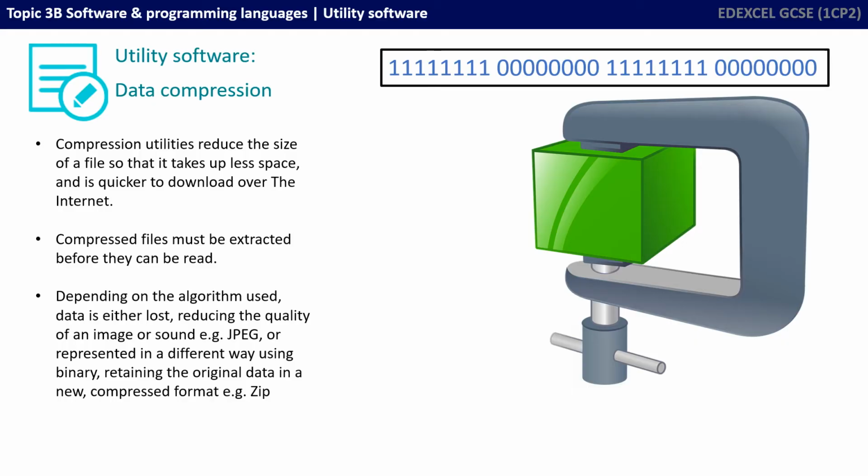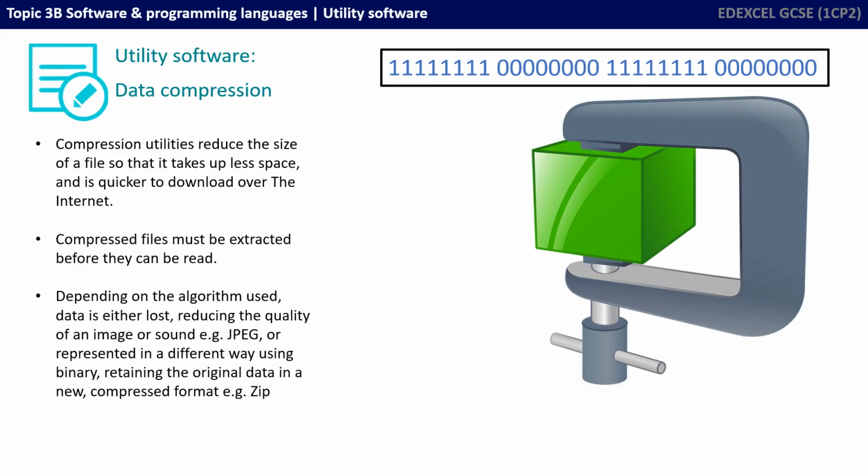You need it to be streamed, and there would just be too much data, especially if the video was high quality. Now, depending on the algorithm used, data is either lost during this compression, which reduces the quality of an image or sound, for example JPEG, or the data is represented in a different way using binary, retaining the original data in a new compressed format, for example with a zip file.